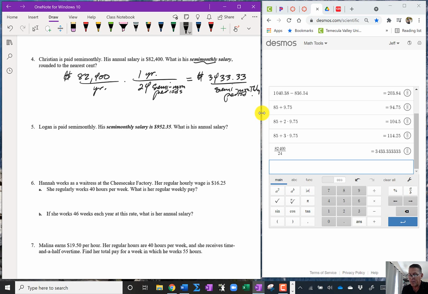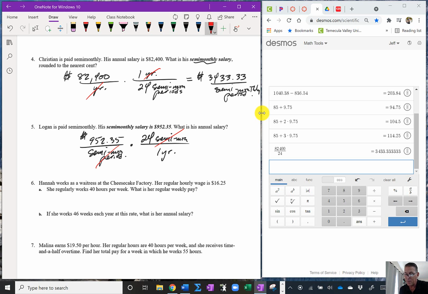Okay, and number 5 is the opposite. So Logan is paid semi-monthly. His semi-monthly salary is $952.35. So we have $952.35 per semi-monthly period. Okay, as I just discussed, there are 24 semi-monthly periods in 1 year. Notice the conversion factors always cancel out. Like on the previous one, the years cancel out and you get dollars per semi-monthly period.